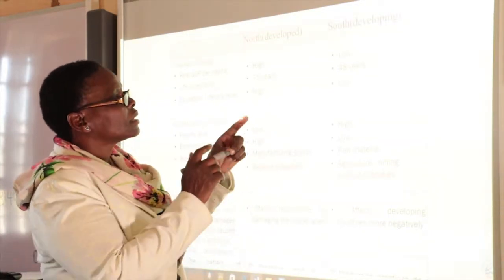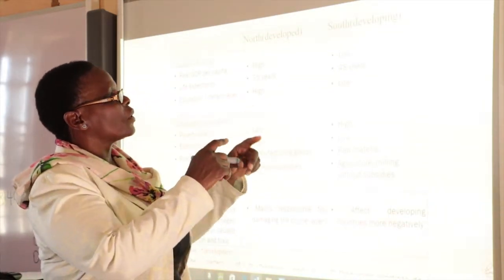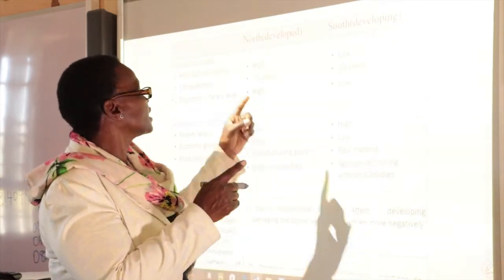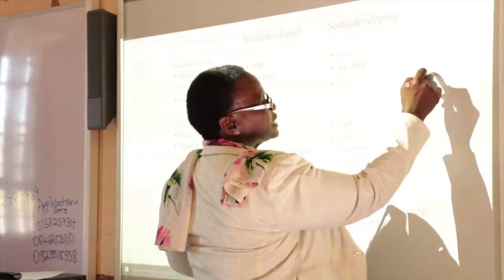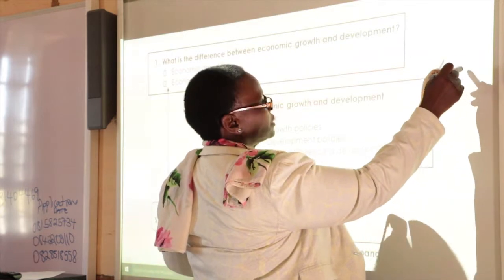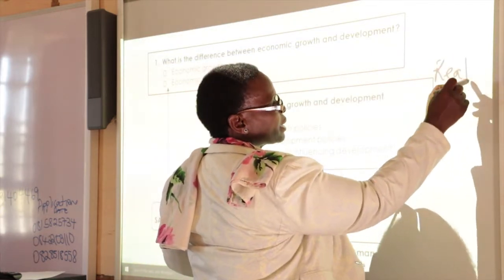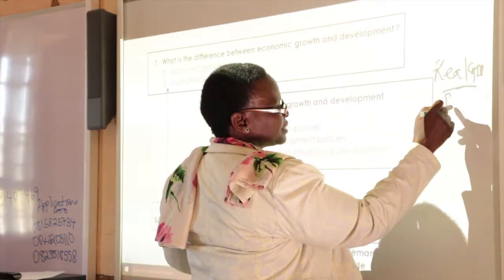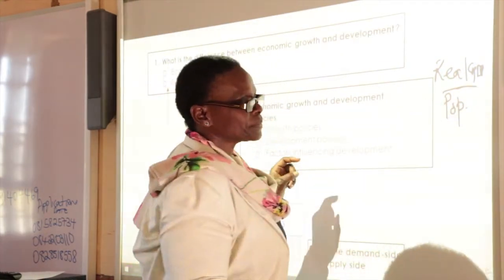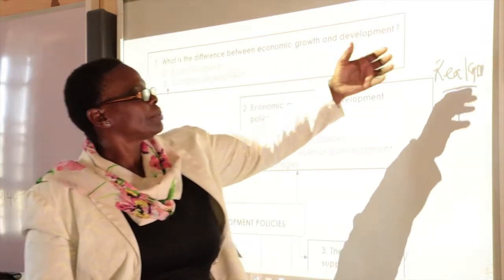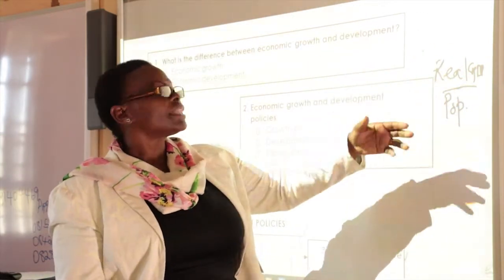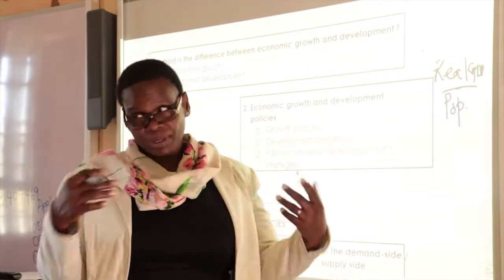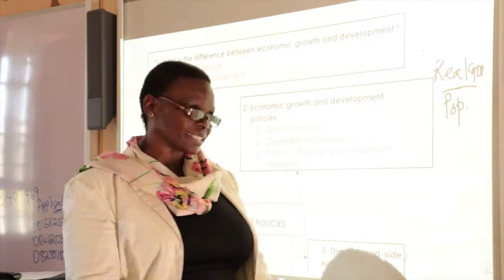So you can work it out. You remember we said real GDP per capita is real GDP divided by the population. So you can imagine, if the real GDP is lower and the population size is bigger, it's just a mess.